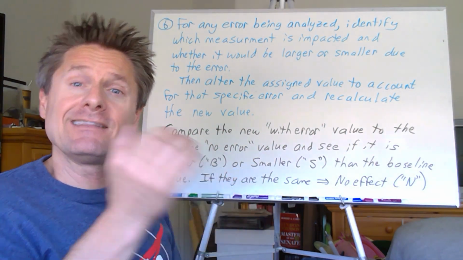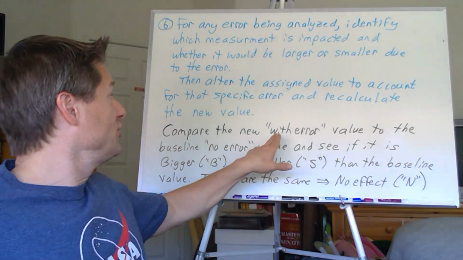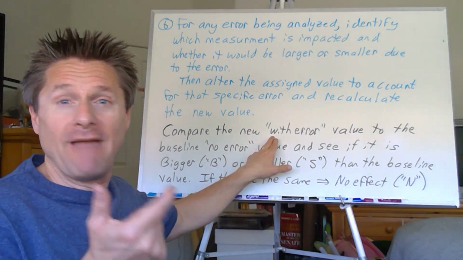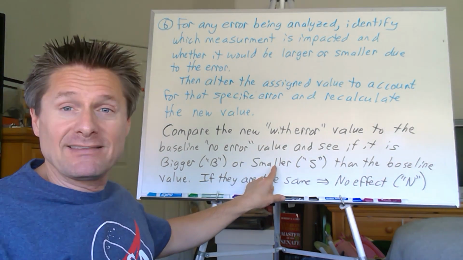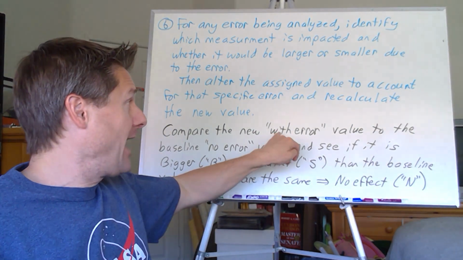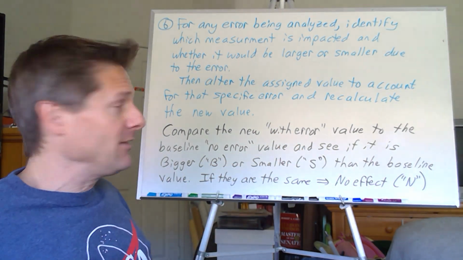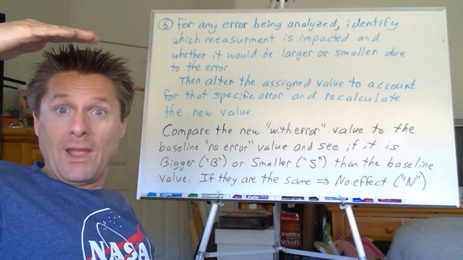But instead of using 60, use 50 and see how it changes your ultimate answer. And what you do is you compare that new value with the error included to the original baseline value, assuming no error. If you get a value with the error that's larger than the baseline value, that means that particular error would give you a bigger value, right, than it should be.